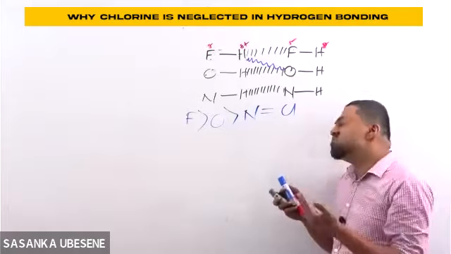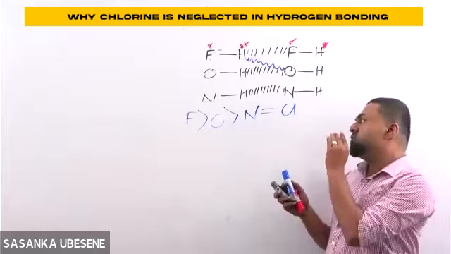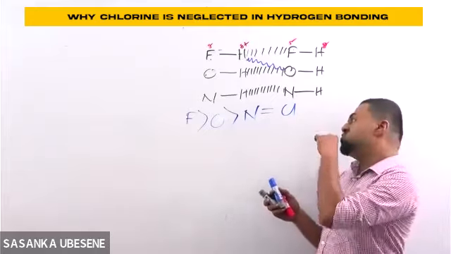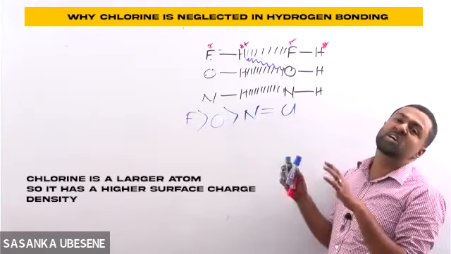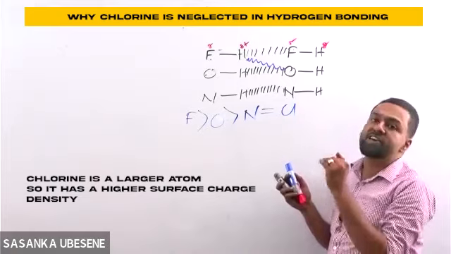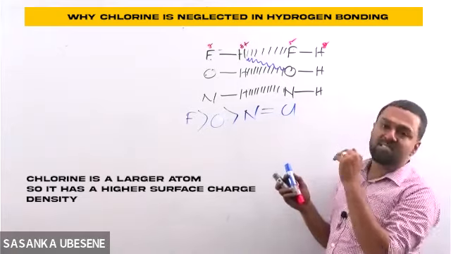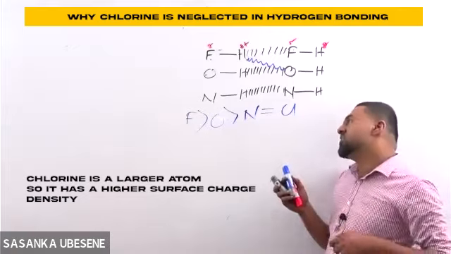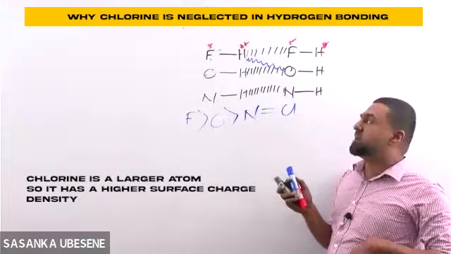So even though chlorine and nitrogen have identical electronegativity, you ignore the chlorine atom because chlorine is a large atom and you have lesser surface charge density. So this is the reason to ignore the chlorine atom.